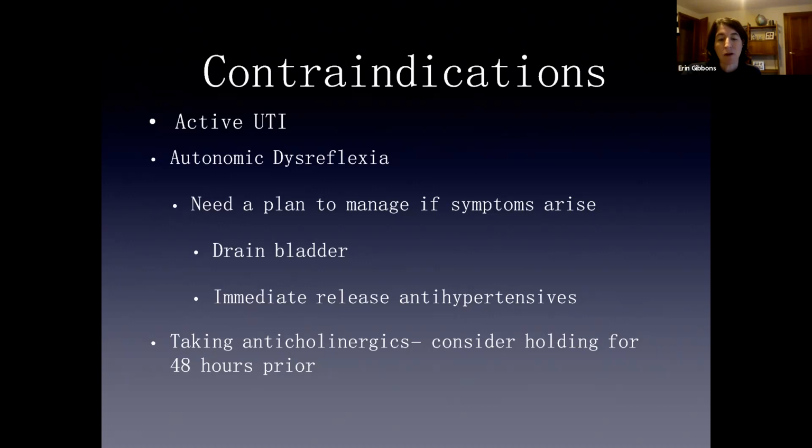But there are cases where I actually have them still take it, especially in neurologic or neurogenic patients who have been on that medication for a long time and now their symptoms have changed or worsened. You want to see if their bladder findings or their detrusor pressures are worsening on those anticholinergics. So you may want to keep them on that. So that's a relative contraindication.